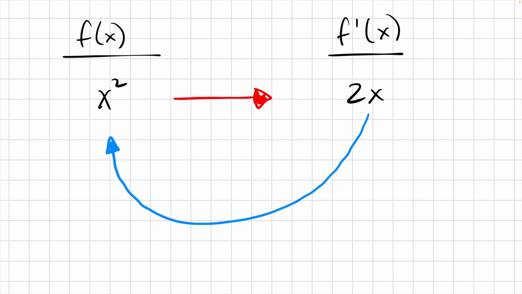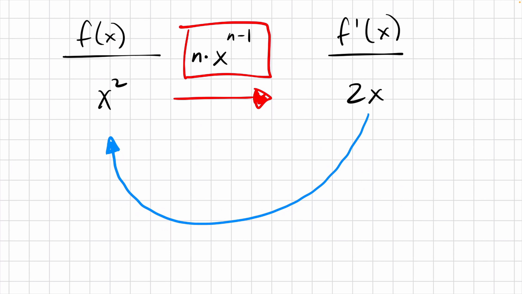So this is the power rule. The power rule said whatever the power was at the beginning multiplies times what was already there, and then we subtract a power. That was the power rule. Okay.